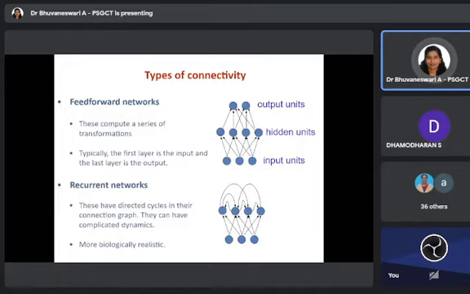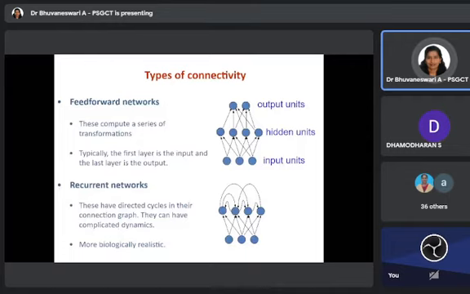Depending upon the number of features used, you get a similar number of outputs. Feed forward networks are sequential, a computation of a series of transformations, from input to the hidden unit, from the hidden unit to the output unit. This is a simple feed-forward network.